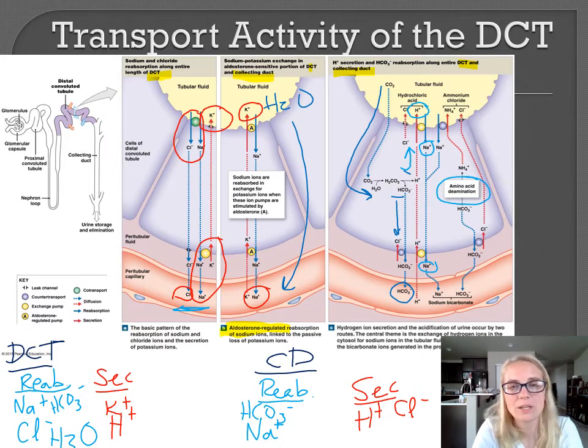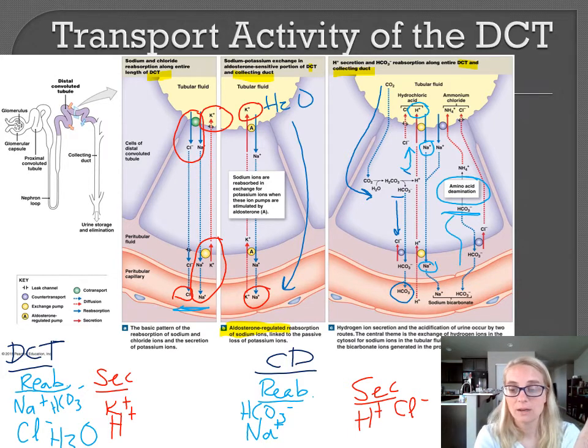The main way they do that, first off, is you have to remove the amine group. An amino acid has an amine on one side, a carboxylic acid on the other. When we remove that amine group, we have just a carbon, hydrogen and oxygen molecule, which can be converted into almost anything. In this case, it can be converted into bicarbonate ion. So this is bicarbonate ion generation from amino acids.